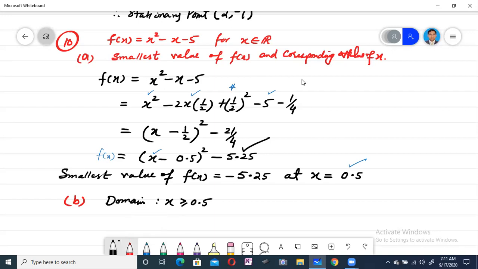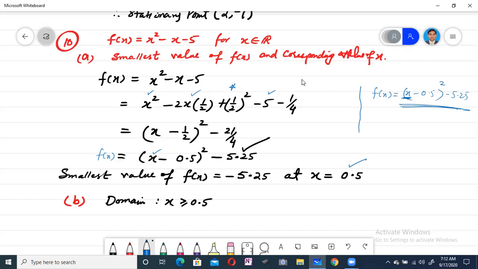mean here domain mean x, okay? In the last step of first part, f of x is x minus 0.5 whole square minus 5.25. If here x will be less than 0.5, then this function will not be 1 function.